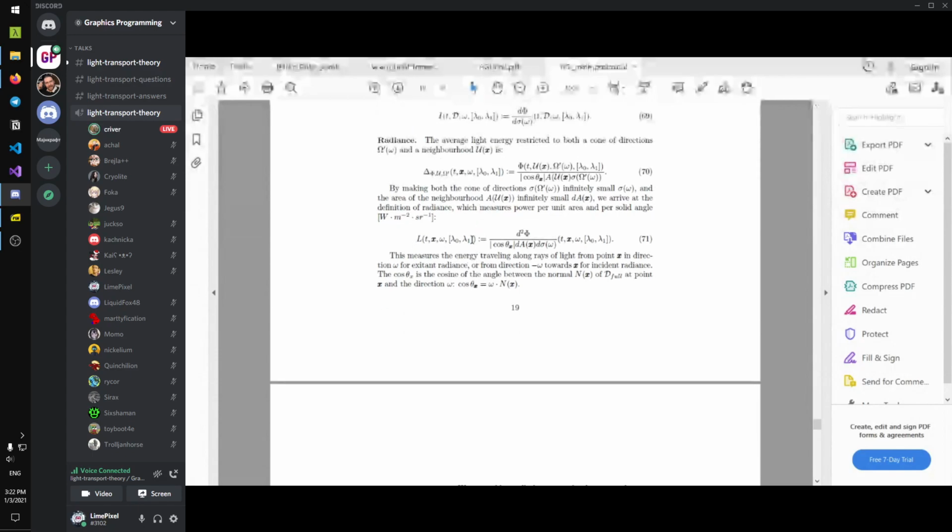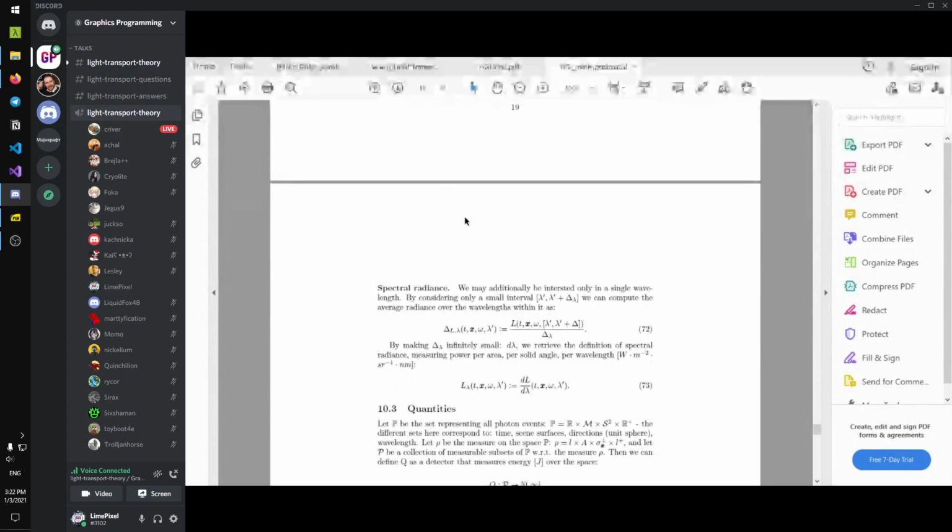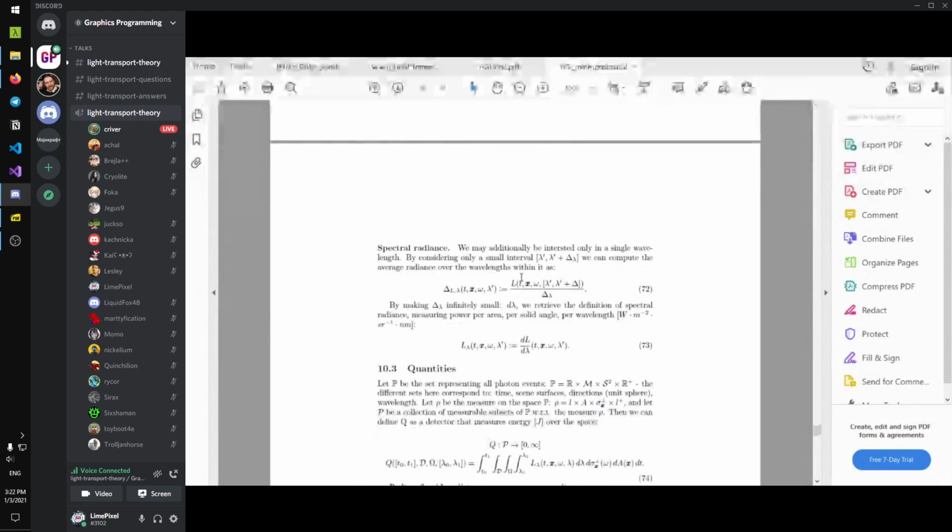And again, you can see that your radiance is a function of a point in time, a point in space, a direction, and also some range of wavelengths. Now, if you want to get, let's say, a spectral renderer, you need the spectral radiance, which also takes a derivative with respect to the wavelength.